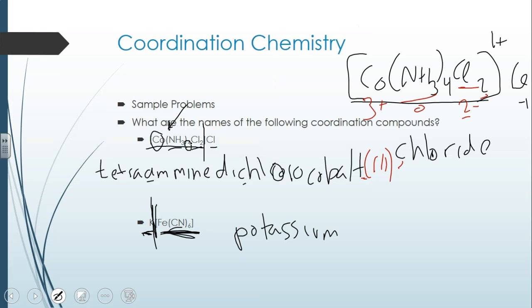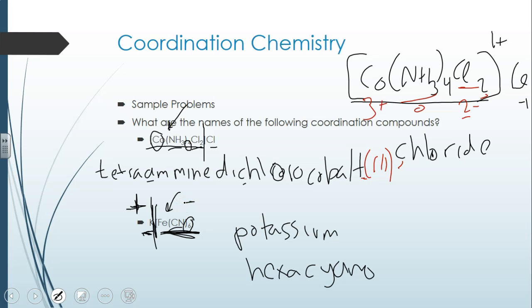Let's see, how many CNs are there? So it's hexacyano. And then iron, this is part of the negative charge, right? The positive is always the first one. This is the negative one.